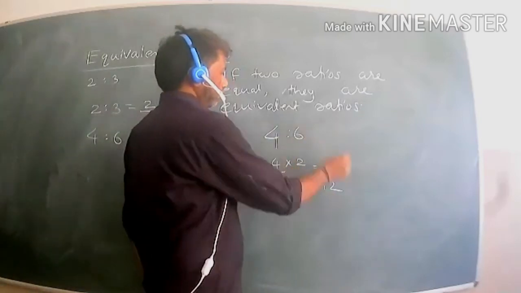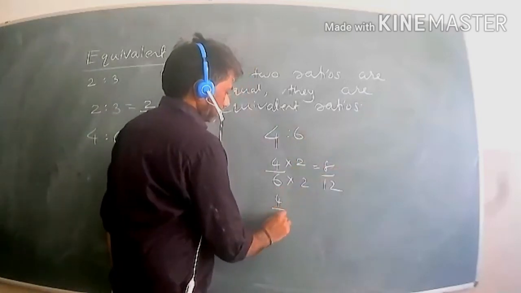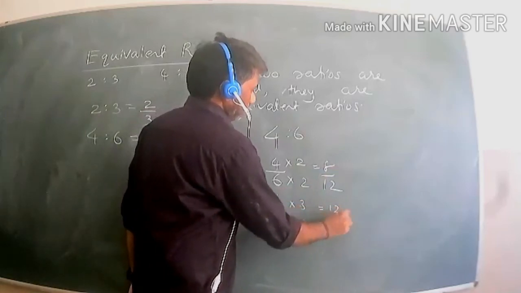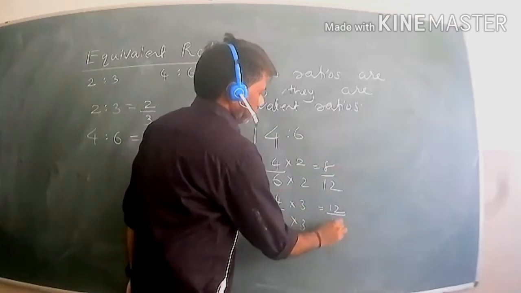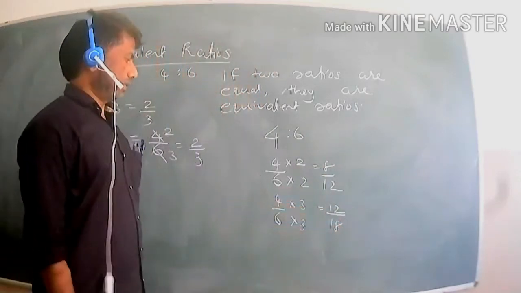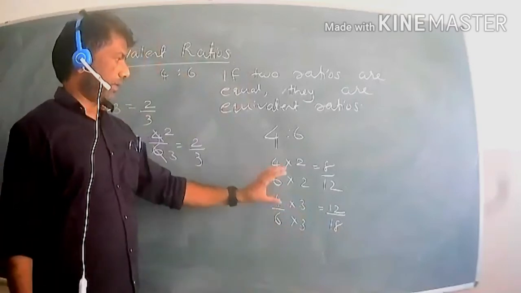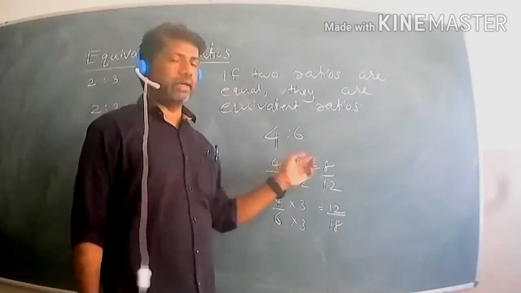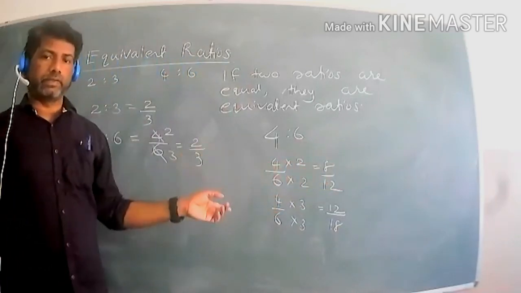If you multiply by 3: 4 3s are 12, 6 3s are 18, so 12 is to 18 is another equivalent ratio. Like that, you multiply both numerator and denominator by any number.